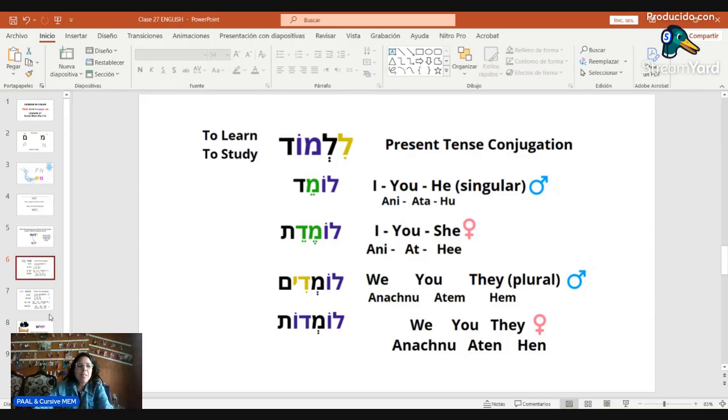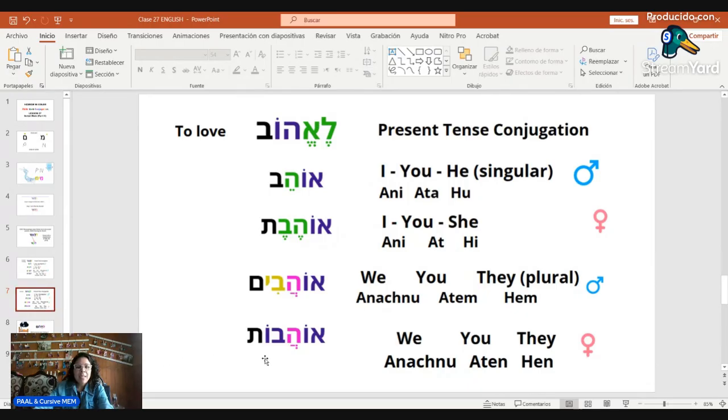It's really simple. Then we'll do another verb, and it's also PAAL. How do we know? Because it has the holam vav in this position. I am pointing at holam vav. We have already seen this verb, and we know every letter.